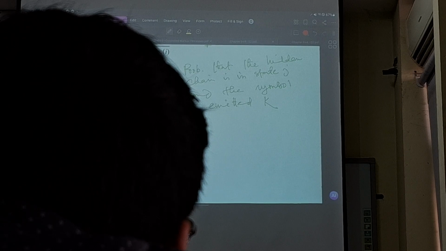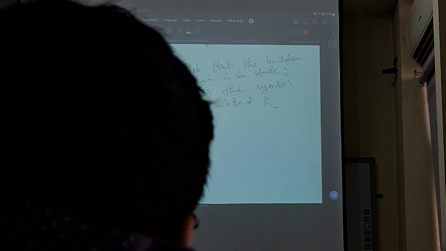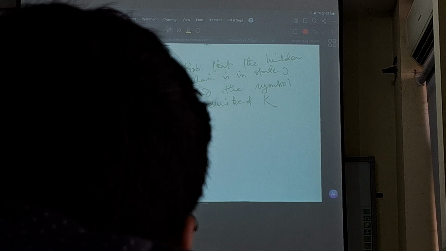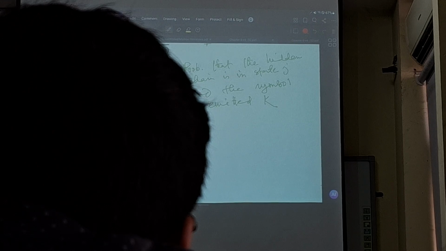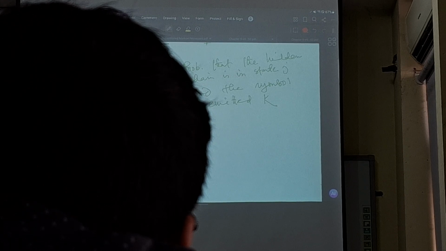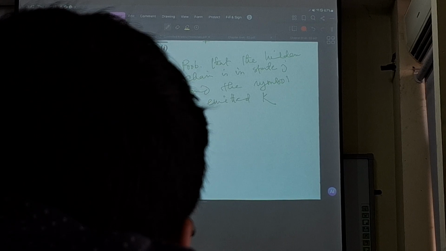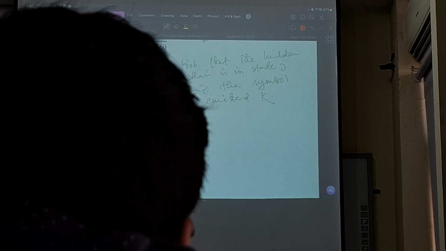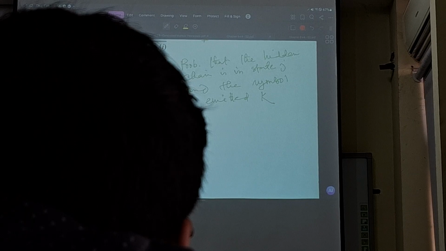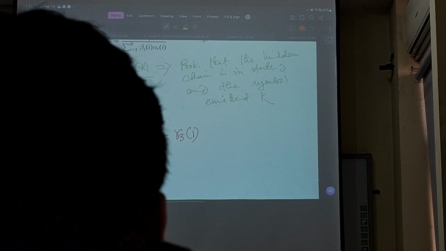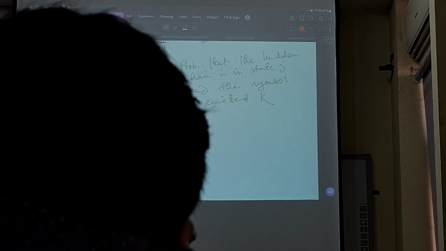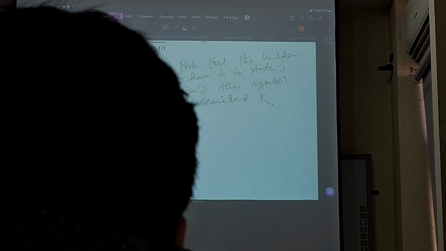This gamma 1 1 plus gamma 2 1 plus this gamma 3 1. It represents that. This one represents at time 1, the chain is in state 1. This represents at time 2, still the chain is in state 1. This represents at time 3, the chain is in state 1.